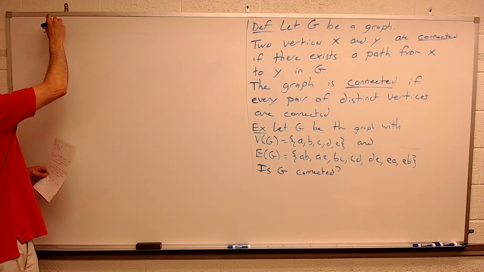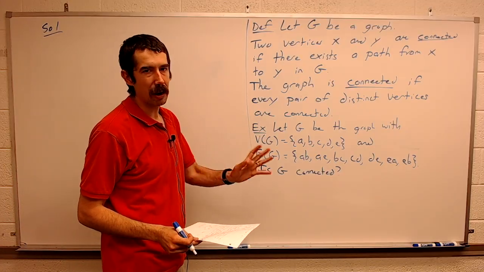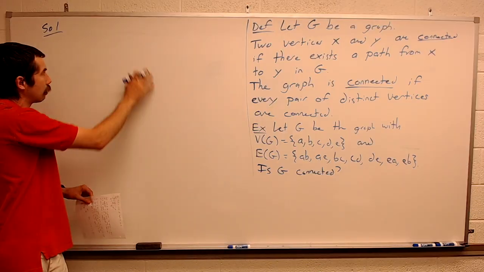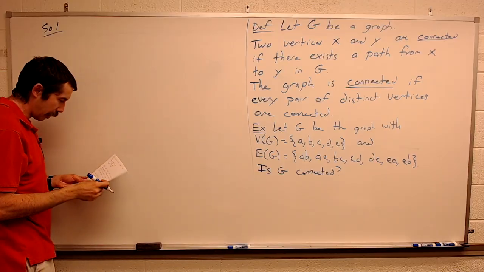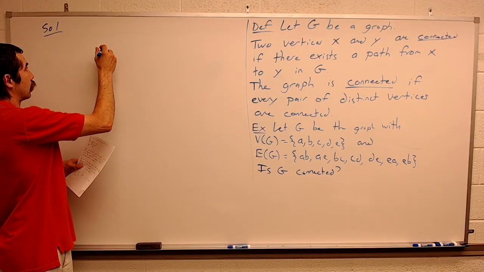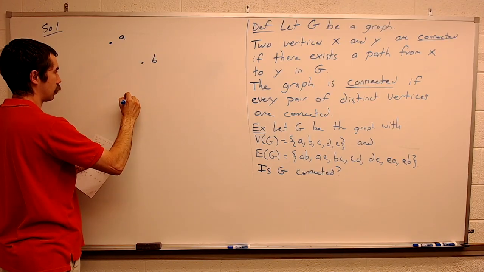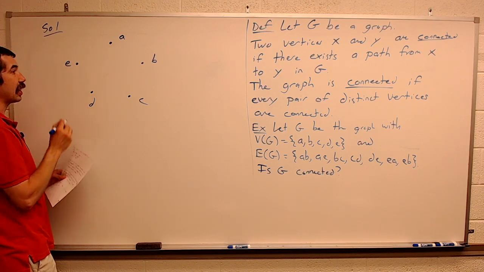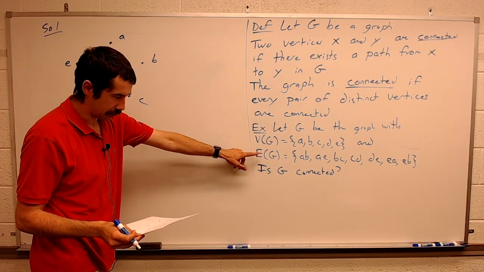All right, so what does this graph look like? This graph has 5 vertices. We could lay them out however we'd like. With 5 vertices, I kind of like to lay them out in a circular pentagon shape. So let's say here's A, B, C, D, and finally E. And now we want to include our edges.